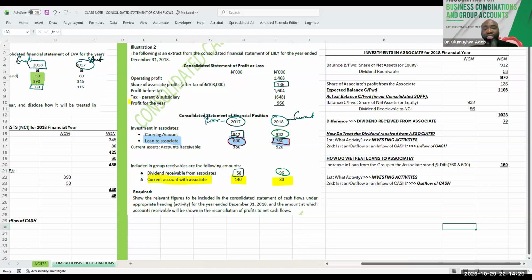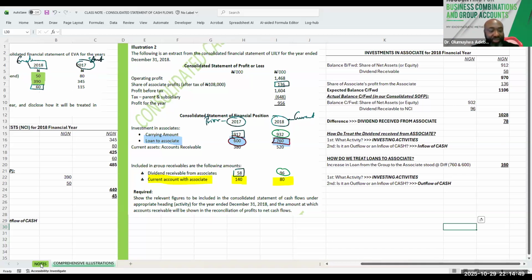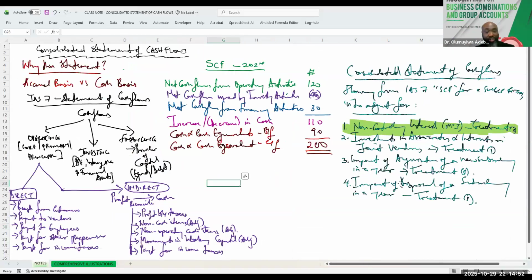Such, in line with any other intercompany trade receivable and payable, will constitute adjustment we make within working capital, which means if you go back, we talked about movement in working capital in our beginning notes. Remember, for the indirect method, we talk about movement in working capital. And such will constitute movement in working capital.